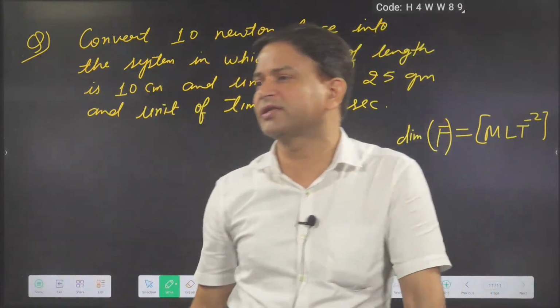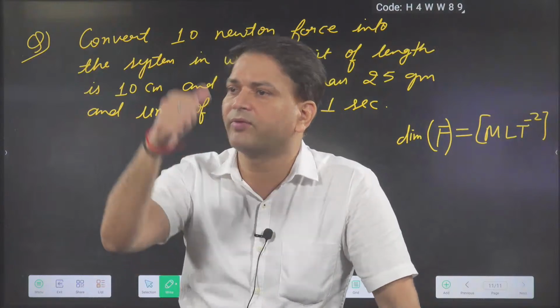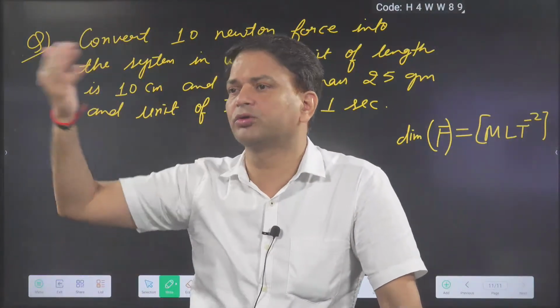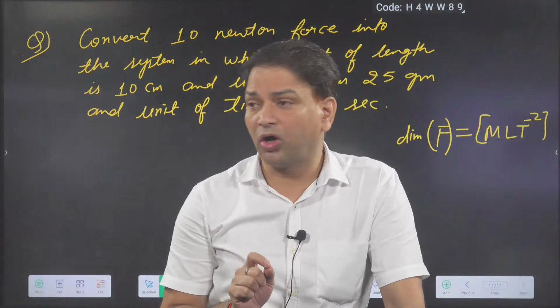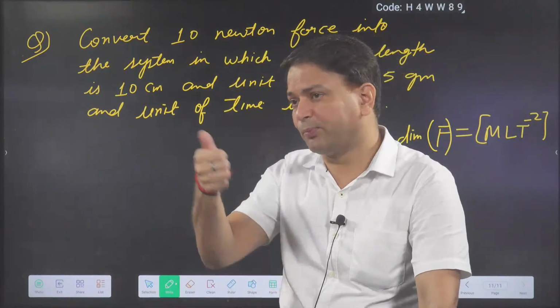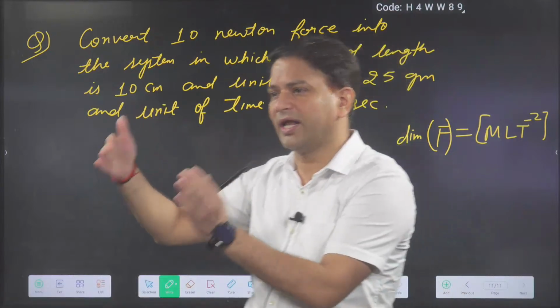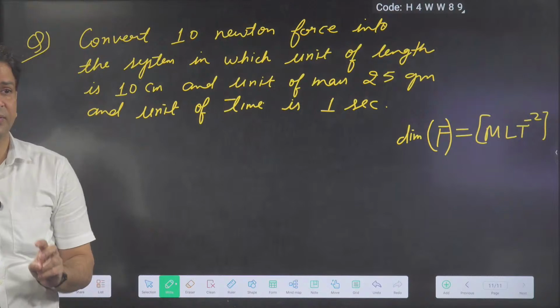What is the length unit in that system I am taking? What is the time unit in that system I am taking? That I will put. Okay, whether they give the Newton or the Pascal, we know that SI unit and MKS I can take the same. Okay, everybody getting or not? So we will not use U1, I will not put Newton. I will put in the mass unit, length unit and time unit. Then only we can cancel the units from both sides. Everybody got or not?